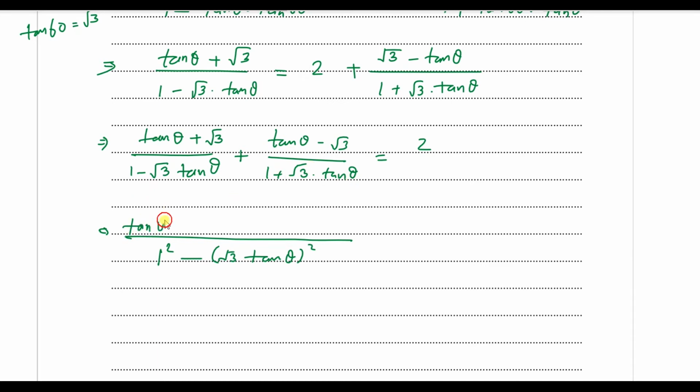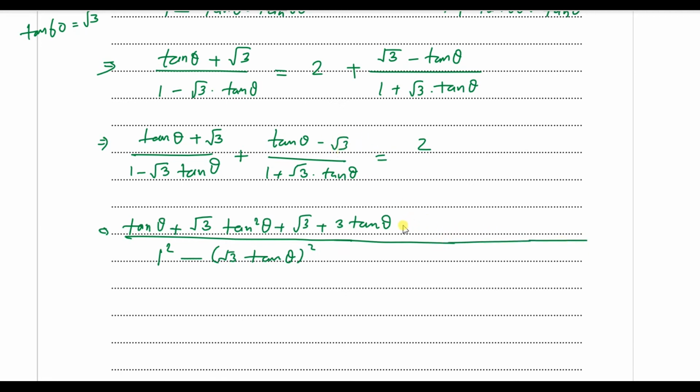It is tan theta plus root 3 tan square theta, because tan theta into tan theta is tan square theta, plus root 3 plus 3 tan theta from the first term, and from the second term we'll get the same thing but only with the minus.